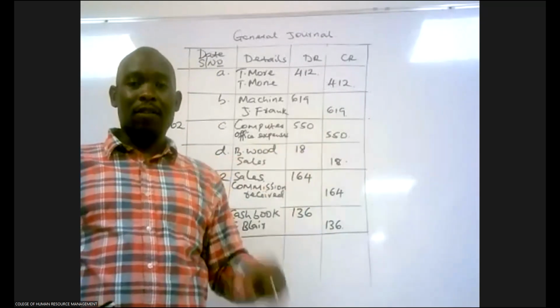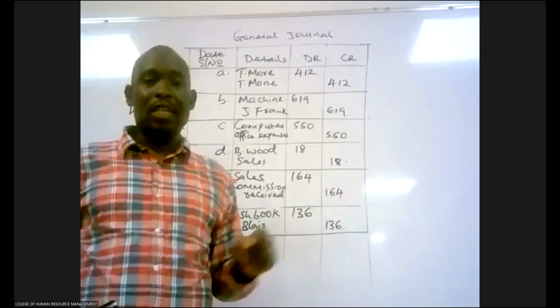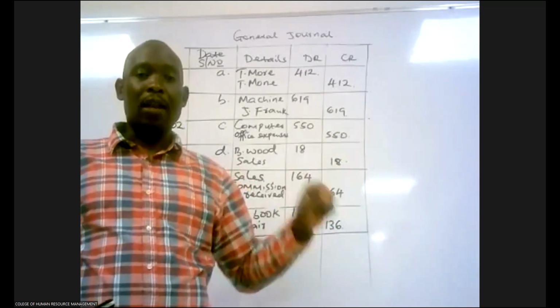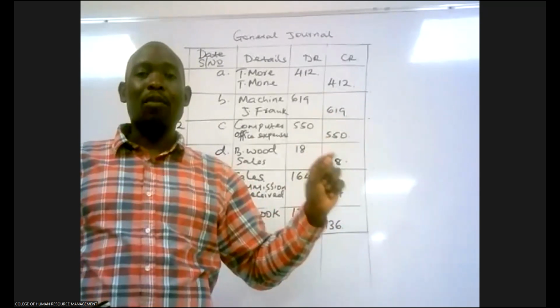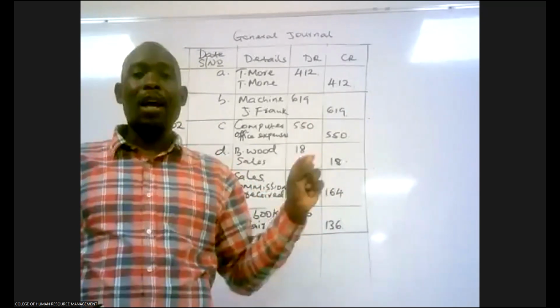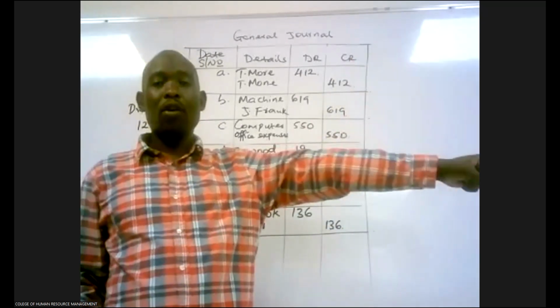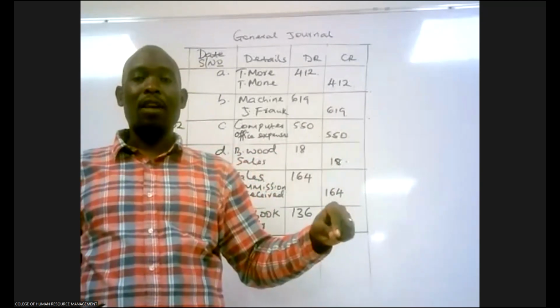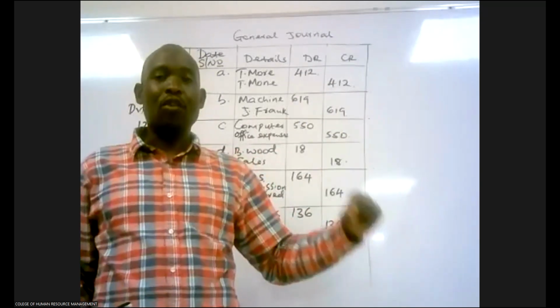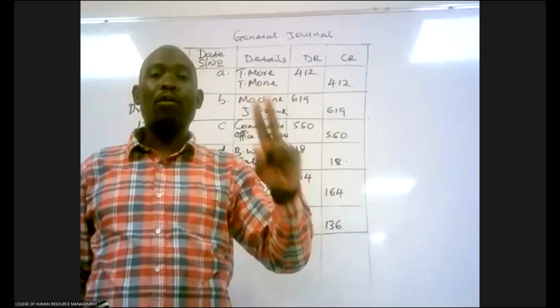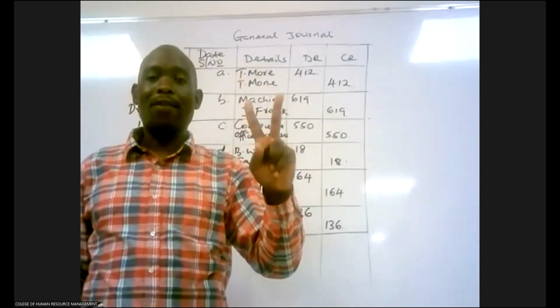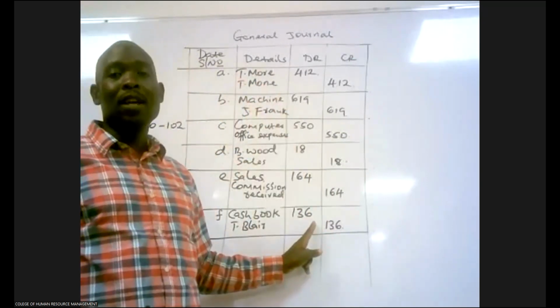Then the next 68, we are posting it. We are canceling and posting at the same time. We cancel the wrong 68 by 68. Then we post 68 on the debit side. So we will have posted 68 twice. That's why it is 68 times 2.